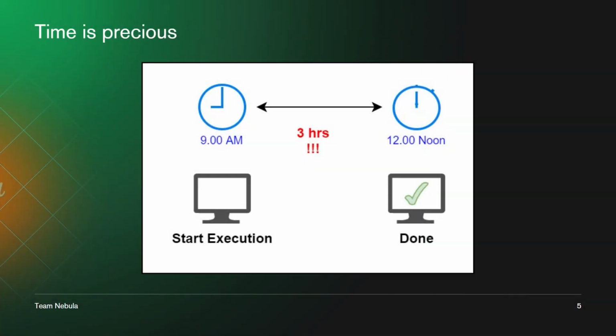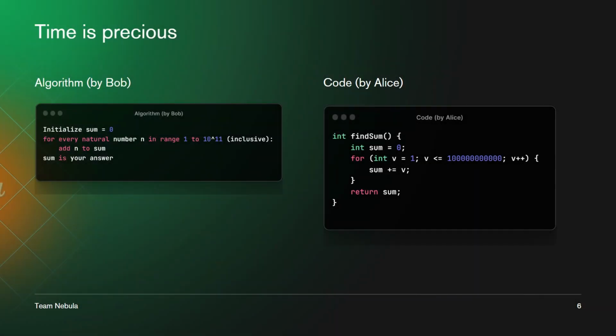Time is precious. Let's take a scenario to understand this better. Meet Alice and Bob, two programmers trying to find the sum of the first 10 raised to the power of 11 natural numbers. Bob comes up with this algorithm. So, this algorithm initializes a variable sum to 0 and then utilizes a loop to iterate through every natural number n in the range from 1 to 10 to the power of 11.